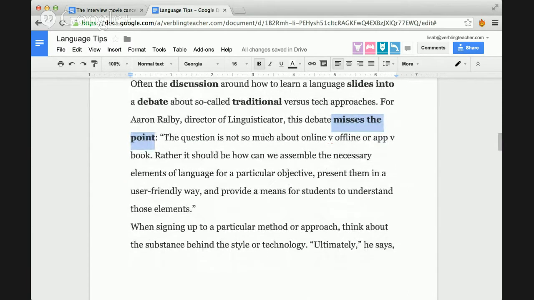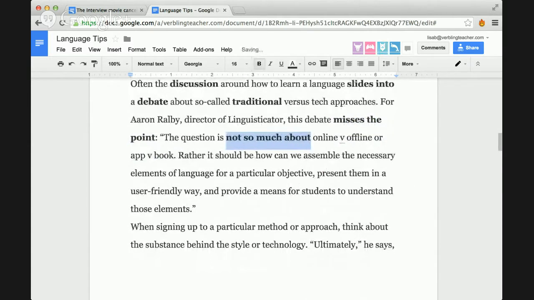So he's saying you don't have to decide whether to study online or offline, or using an application or software versus a book or a textbook. That kind of misses the point, he's saying.